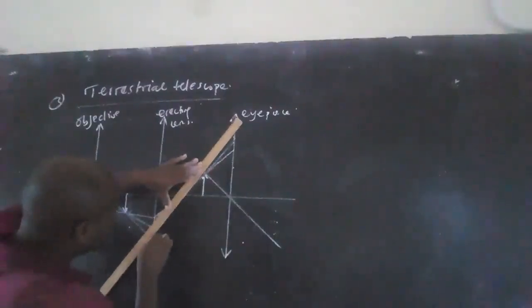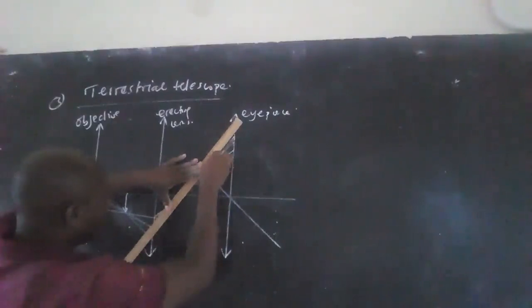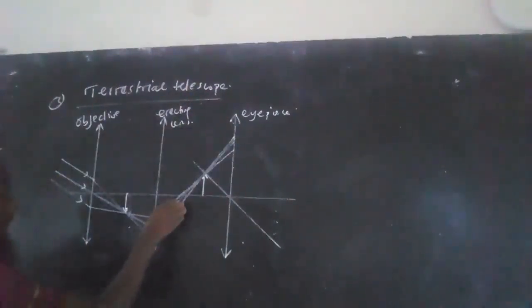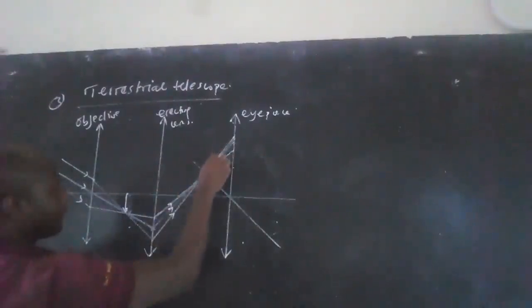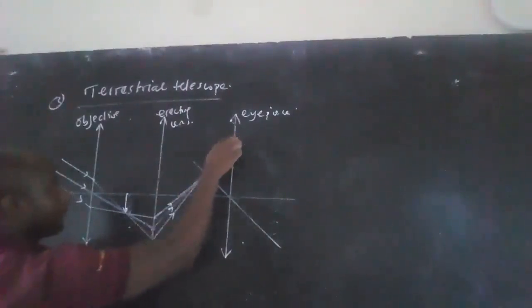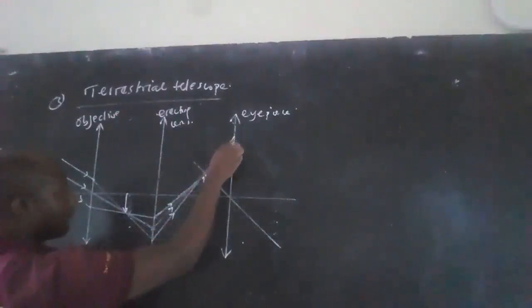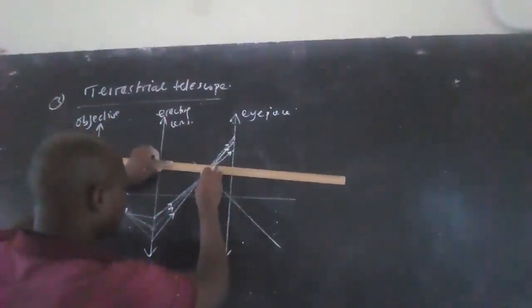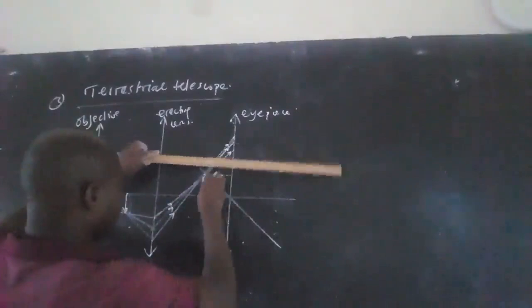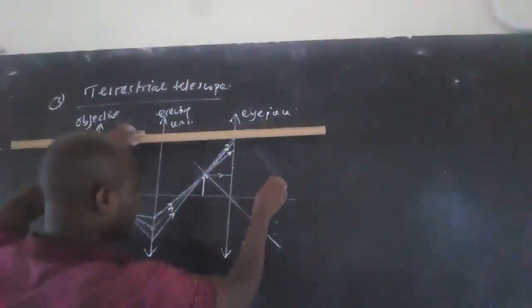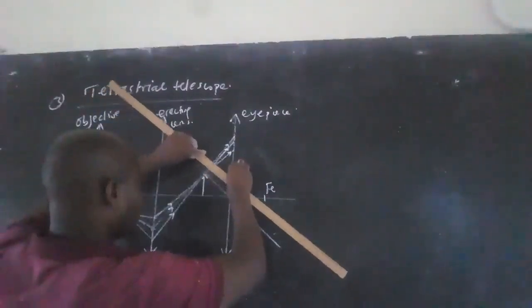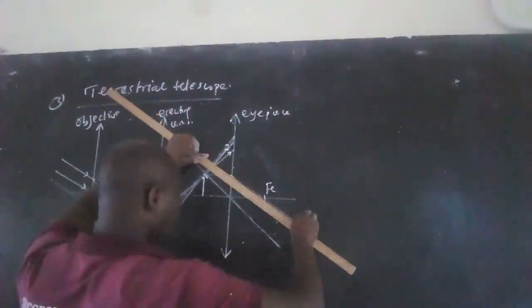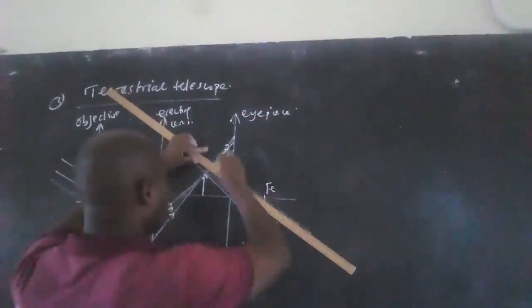This one passes through the principal focus of the eyepiece, FE.